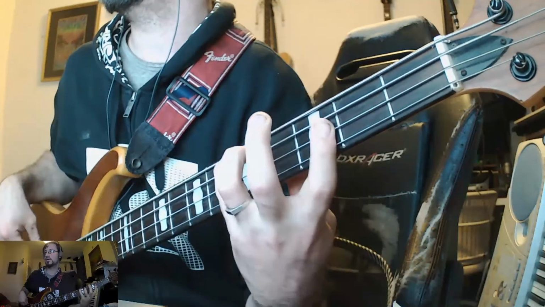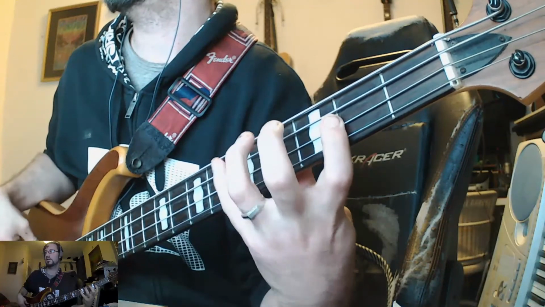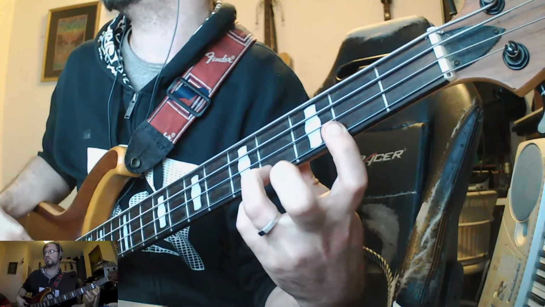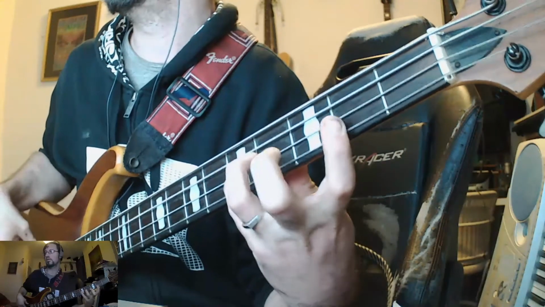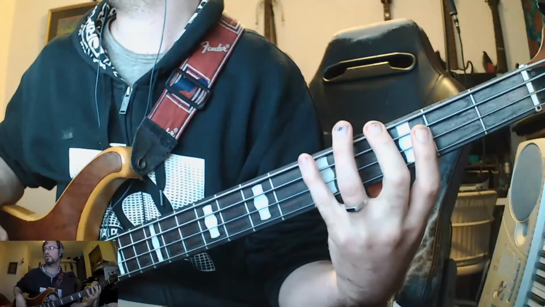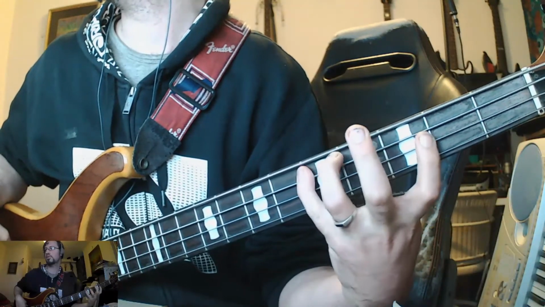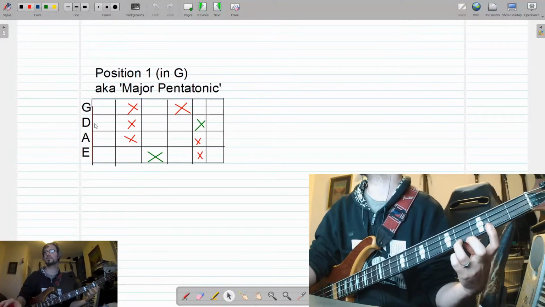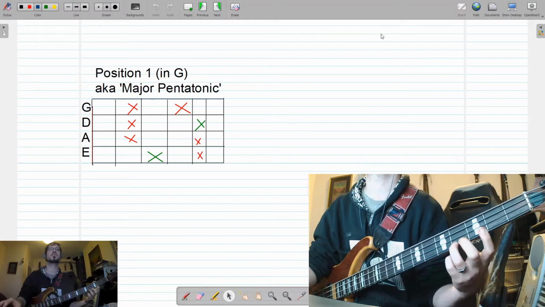So G, A, B, D, E, A, B. A bit smoother. And that's your shape there, so you can see that. So that's the first position pentatonic, or the major pentatonic.